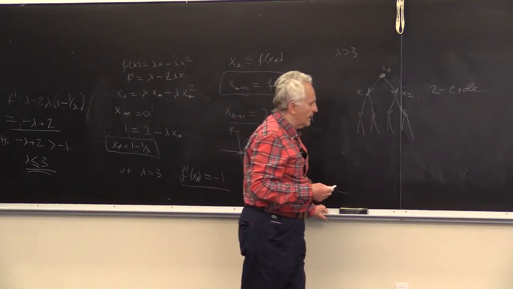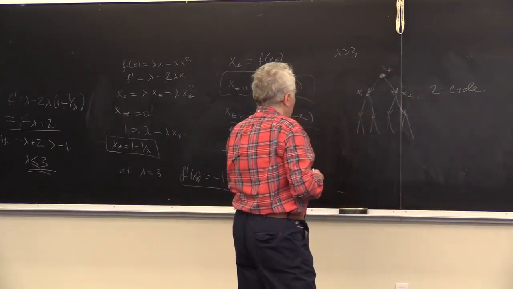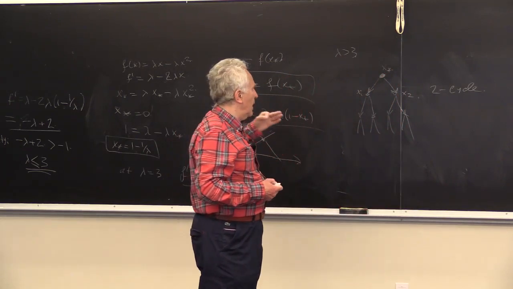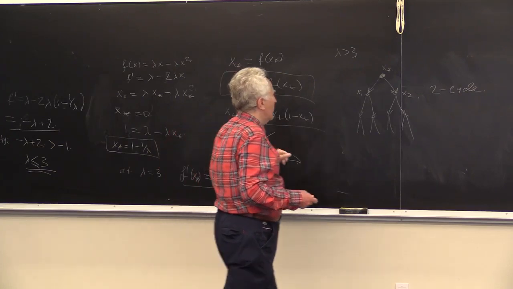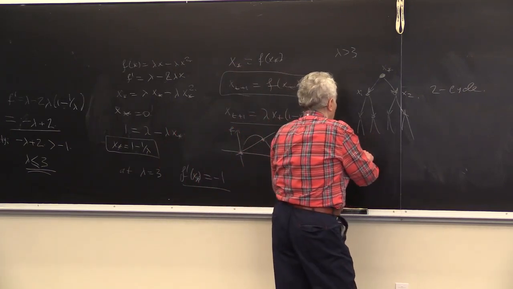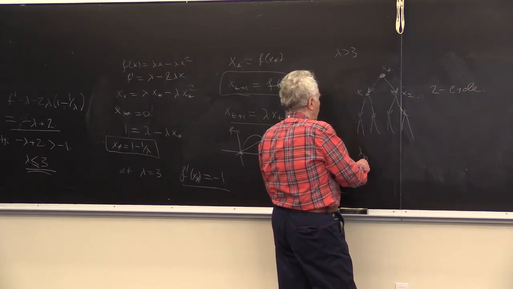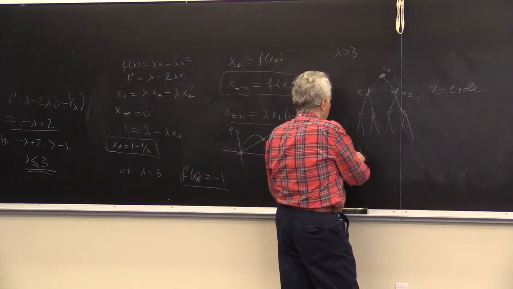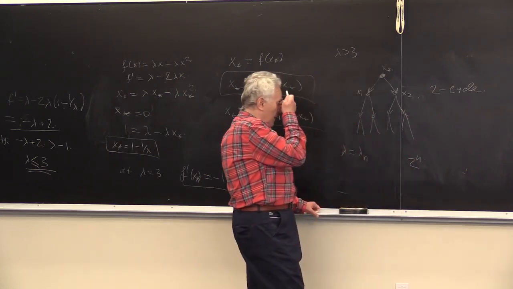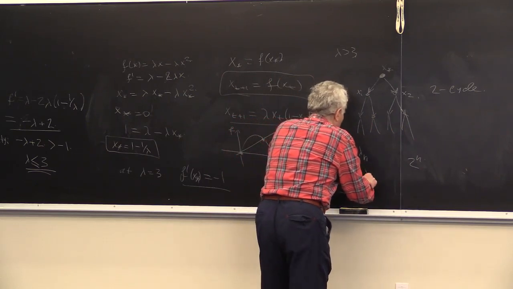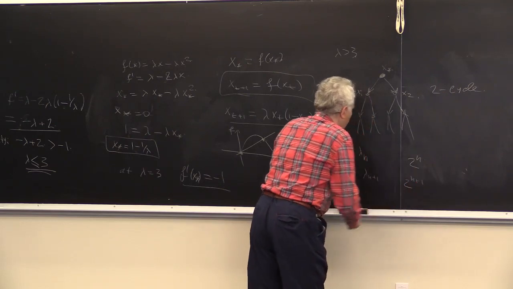Namely, to make things interesting, I will just tell you the highly non-trivial fact, and we will derive it later. You have certain values of lambda n at which you have 2 to the n cycle. At lambda n plus 1, you have 2 to the n plus 1 cycle.